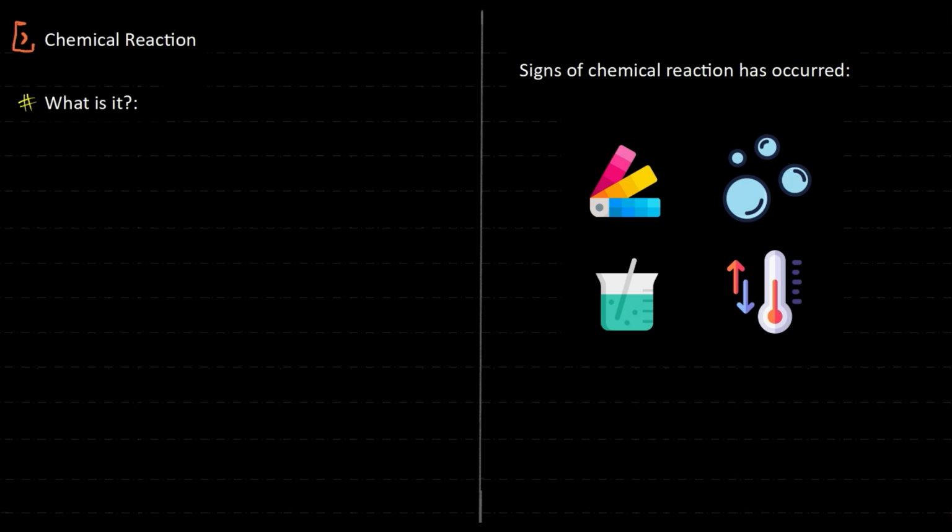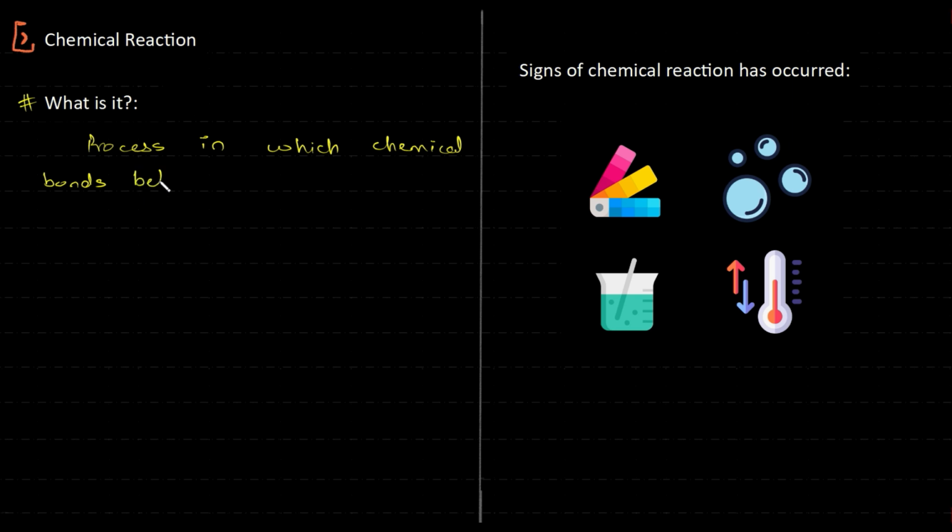Let's define chemical reaction now. So what is a chemical reaction? Well, it's a process in which what happens? We have the chemical bond. I hope you guys have seen the basics. We have spoken about chemical bond over there.